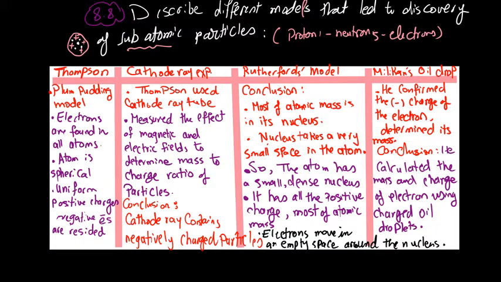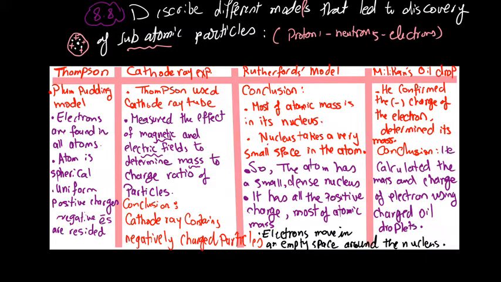Also, Thomson did an experiment we call the cathode ray experiment. He used cathode rays inside a cathode ray tube. By using this tube, he was able to measure the effect of magnetic and electric fields on the path of the ray, and he was able to determine the mass to charge ratio of particles.